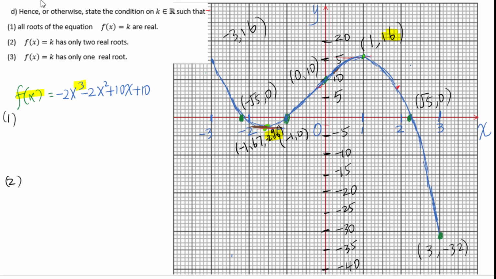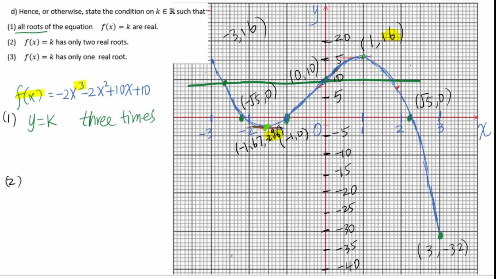All roots are real, which means the horizontal line y equals k will cross f of x 3 times. Let's draw a line here. You see, this is a horizontal line.